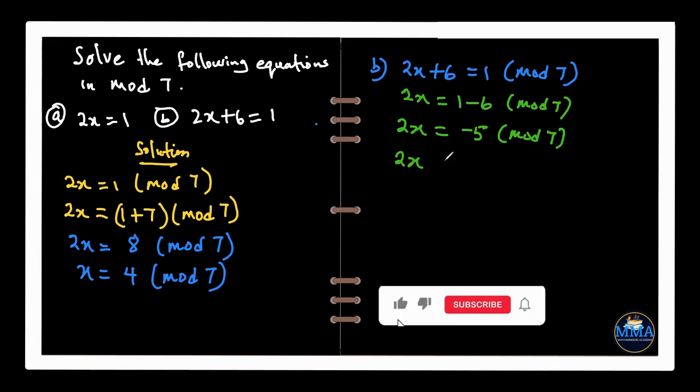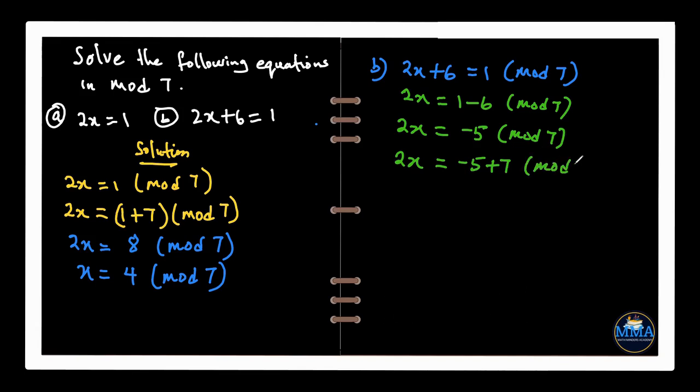I can say 2s equals minus 5 plus 7 in mod 7, because again, I know that adding 7 is like adding 0 to minus 5. So 2s equals 2 in mod 7. So dividing by 2, you have s equals 1 in mod 7.